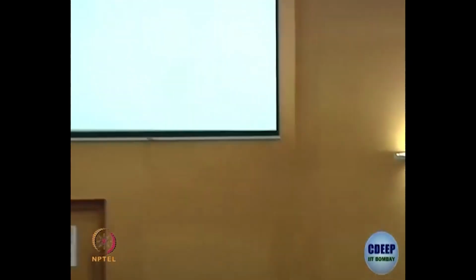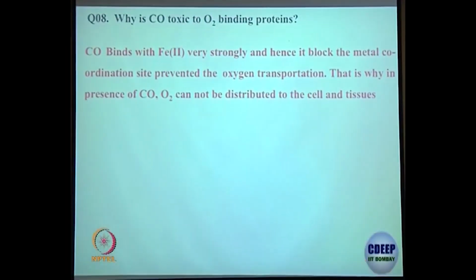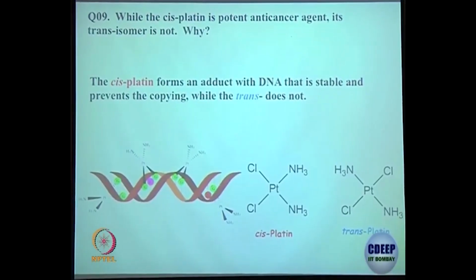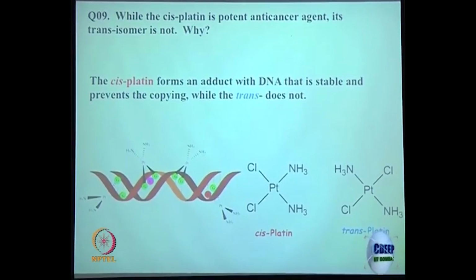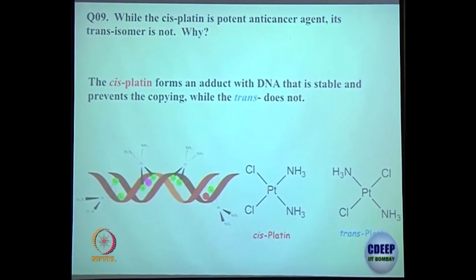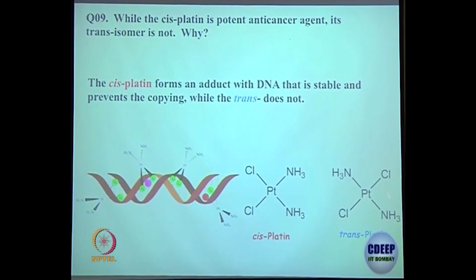Okay. Why is CO toxic? We have discussed. Yes, you know that. While cisplatin is a potent anti-cancer agent, its trans isomer is not. Yes, that is cisplatin, that is transplatin, and how it binds we were discussing, right?